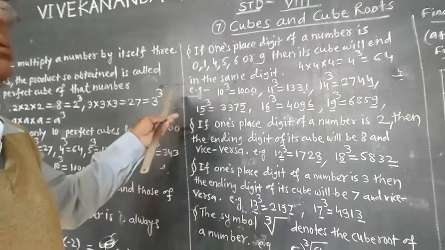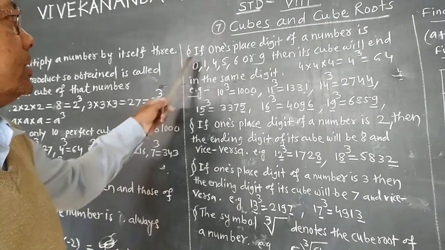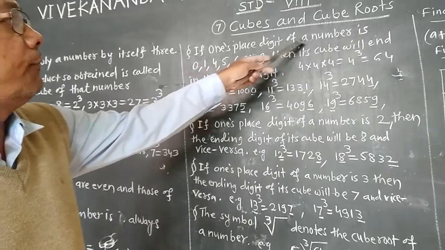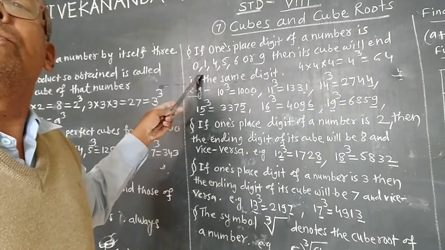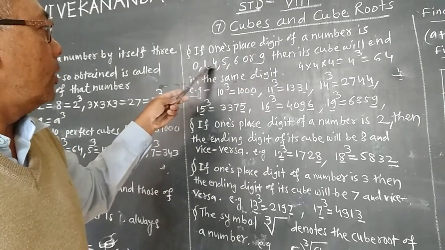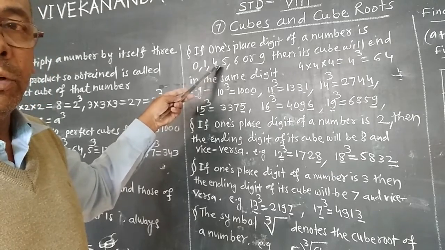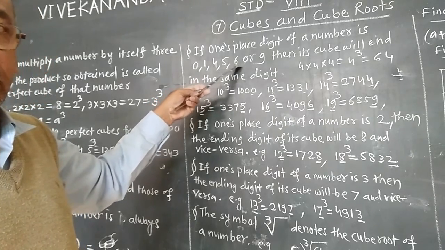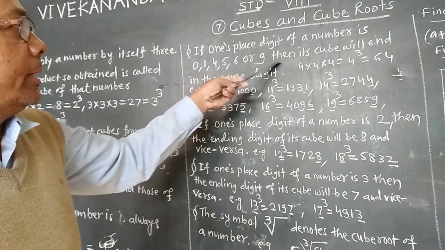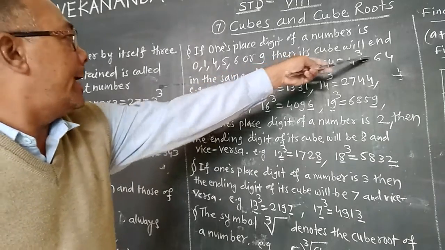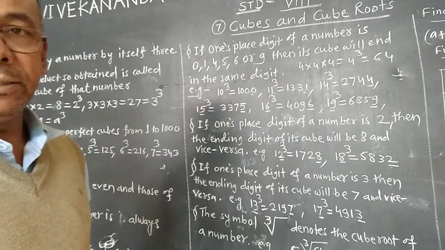Now we have to consider the next point, that is, if the ones place digit of a number is 0 or 1 or 4 or 5 or 6 or 9, then its cube will end in the same digit.